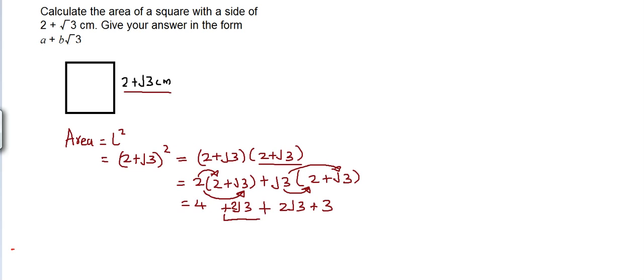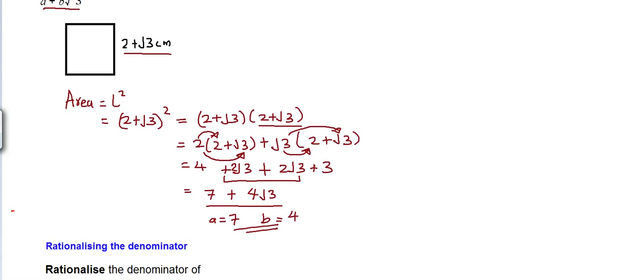Okay, let's simplify this expression. 4 plus 3 gives me 7, plus 2 root 3 plus 2 root 3 gives me 4 root 3. Well, you can see that this expression is given in the form a plus b root 3, where a equals 7 and b equals 4. That's your solution for that question. Next example.